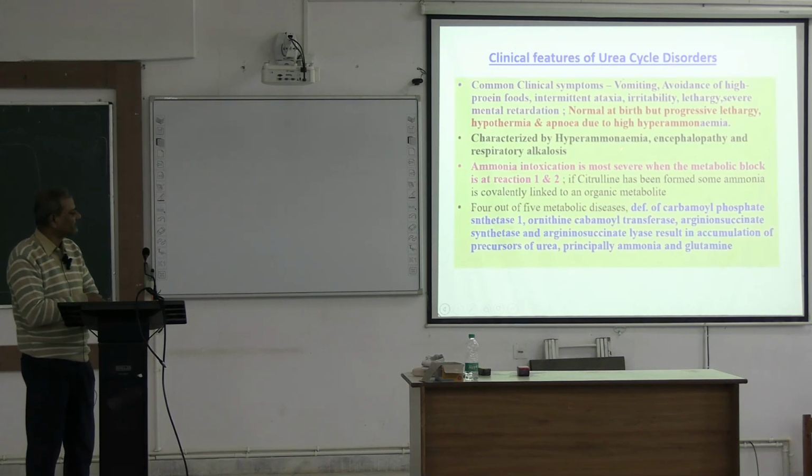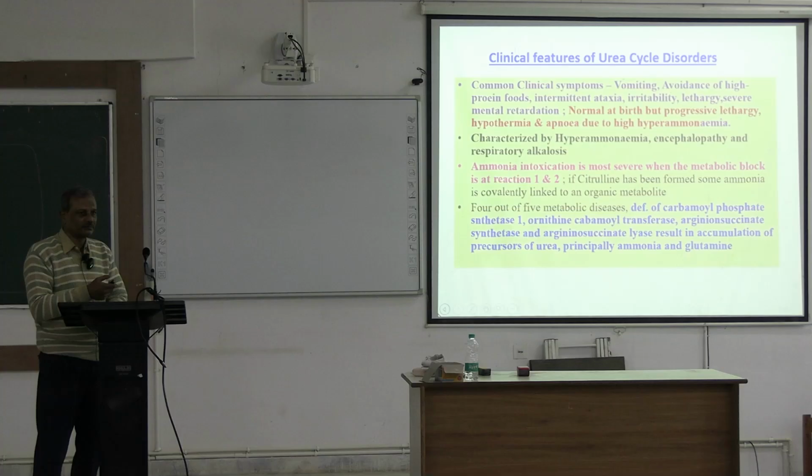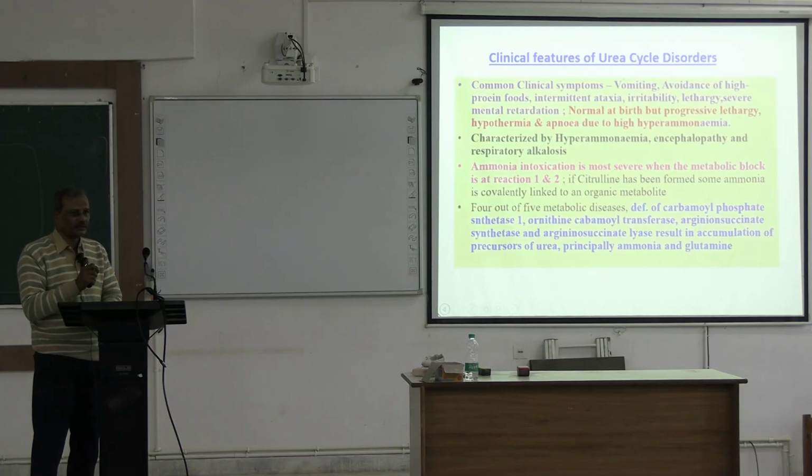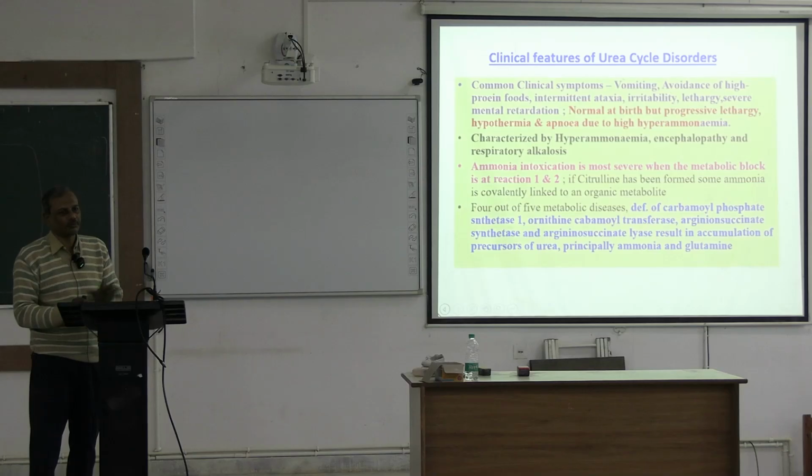Ammonia will be elevated, provided the defect is in the first and second step. I repeat, in the first reaction only one ammonia is trapped, and then at argininosuccinate, 2 ammonia are trapped. So, the hyperammonemia effects will not be there if the disease is beyond argininosuccinate.